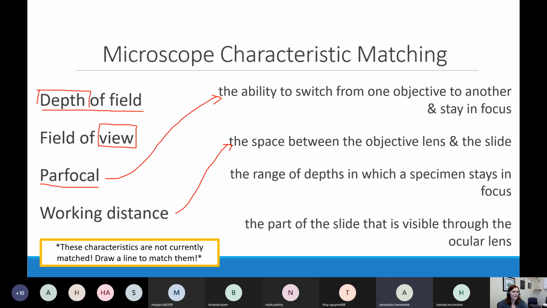I want to briefly show you, since we're not in our lab class together, let me pull up... There is a virtual microscope available. I'm going to copy the link into the chat, so if you'd like to track along with me.